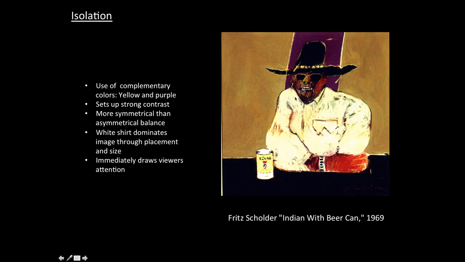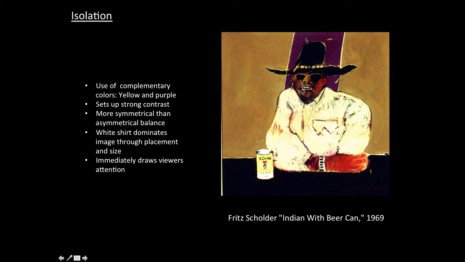He's got some very strong contrast here, the hat and the shirt. The shirt is what really pulls us in, though, and even in its abstract nature, even though it's broken up by some of these other colors, it's the white shirt against the dark red skin, against the kind of lopsided hat that really makes this image so interesting.